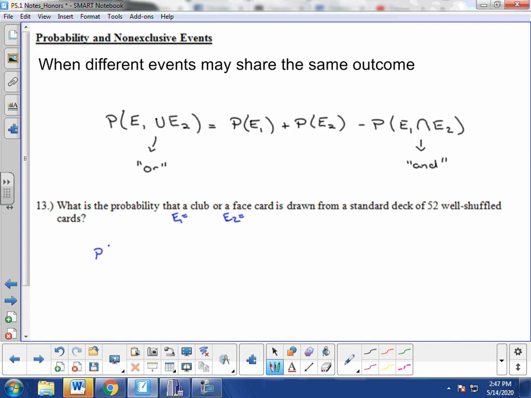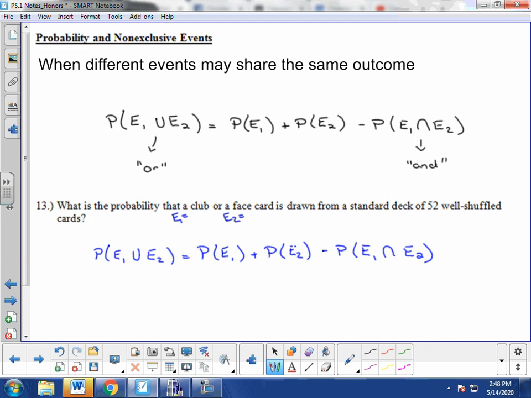So the probability that it is a club or a face card is the probability that we have a club plus the probability that we have a face card minus the probability that we have a club and a face card. So we're drawing one card. This makes this a little bit more simple here.